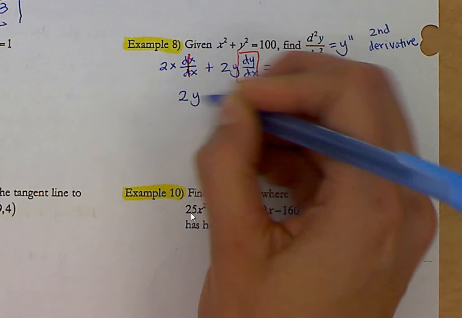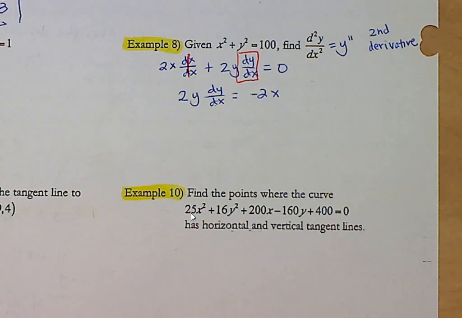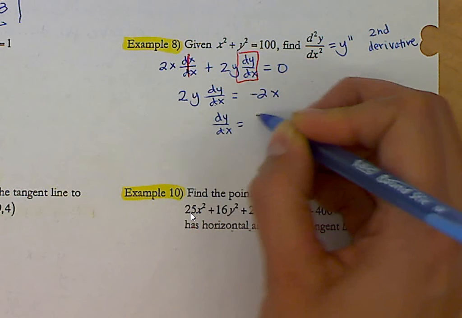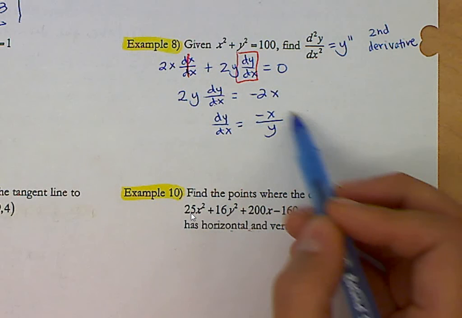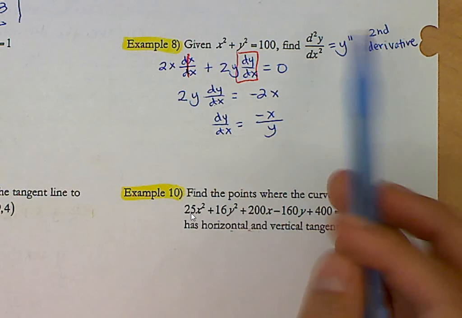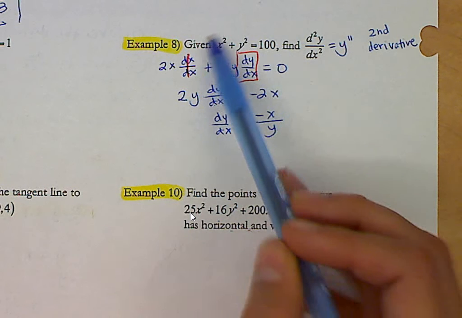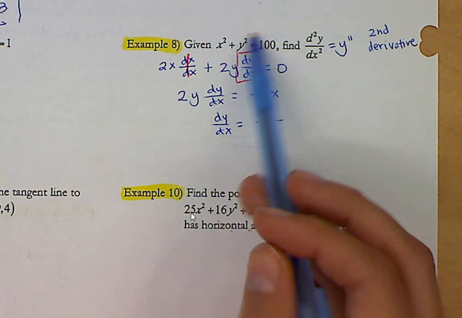So 2y dy dx equals negative 2x. And then I divide by 2y to get dy dx equals negative x over y. That should look very familiar. So this is the same as the slope that we got with the circle on the front. So, hint, all circles have the same derivative function. The derivative function for any circle is going to be negative x over y.